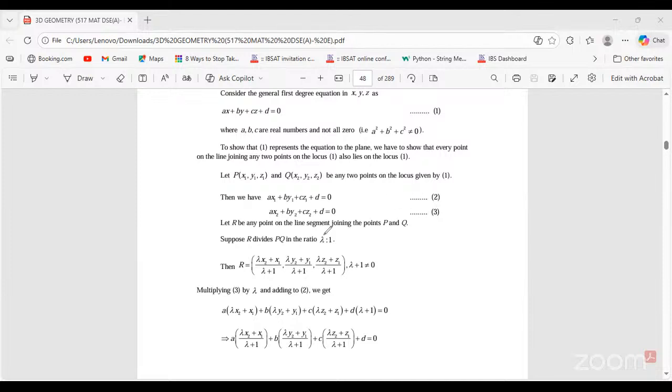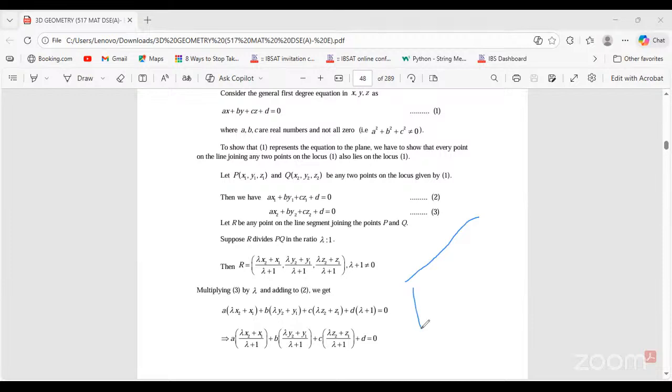So let R be any point on the segment joining these 2 points. Suppose R divides PQ in the ratio lambda is to 1. For example, let P and Q be 2 points on a line.